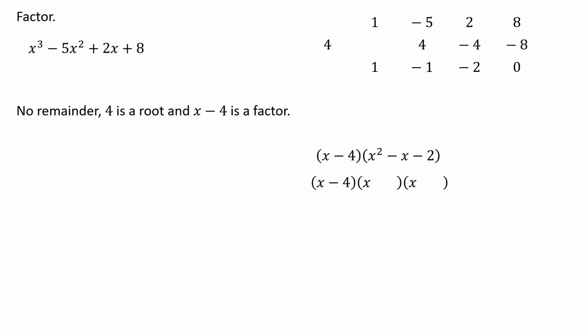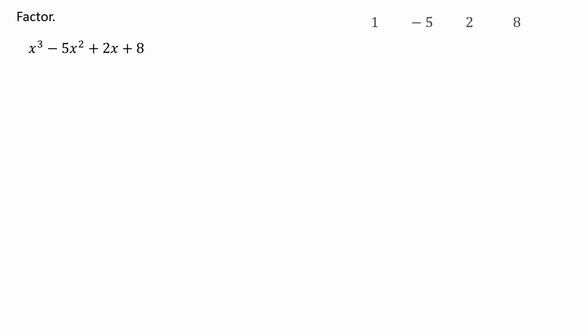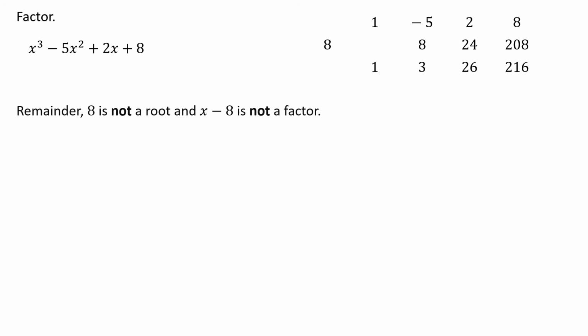Notice that as I go and complete the factoring, I still end up with an x plus 1 and x minus 2 and x minus 4. If I tried 8, you'll notice that as I go through synthetic division, I have a whoppingly huge remainder of 216. So obviously 8 would not have been a root, and therefore x minus 8 would not have been a factor.